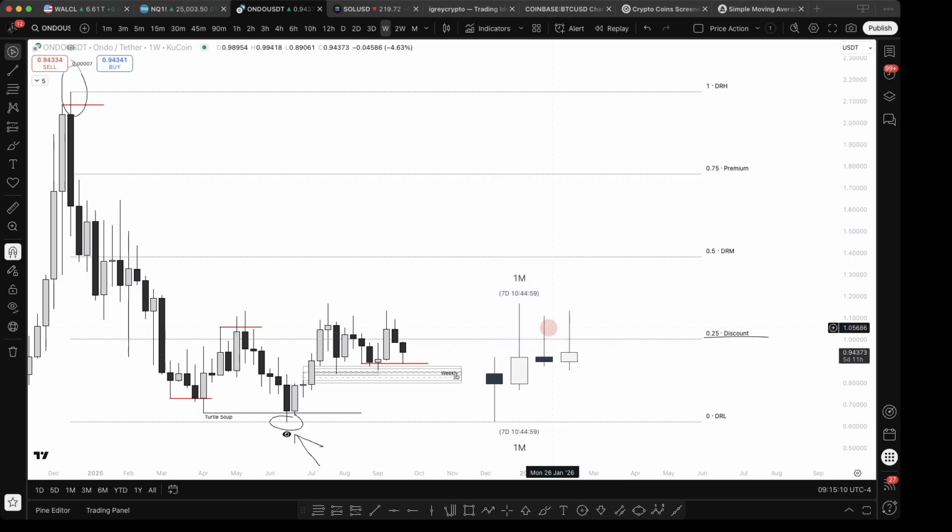We do have, as you can see, the monthly time frame, or should I say the monthly fractal, which you can see we've taken the previous month low, and yes, we've taken the previous month high.